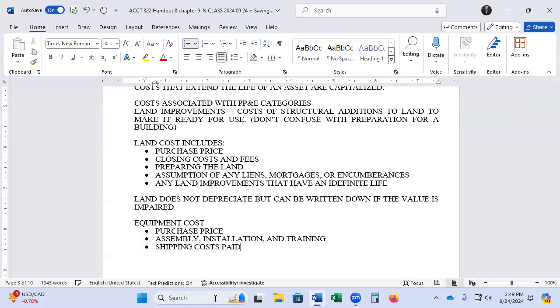Shipping costs paid by the buyer, and any facility costs necessary to prepare for the equipment.